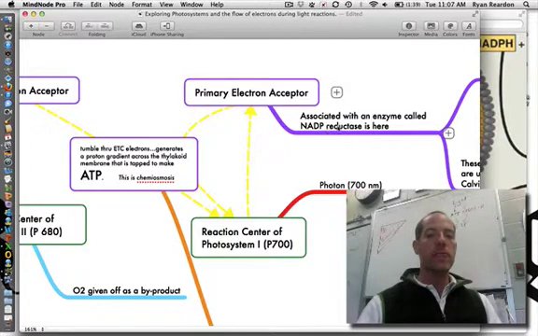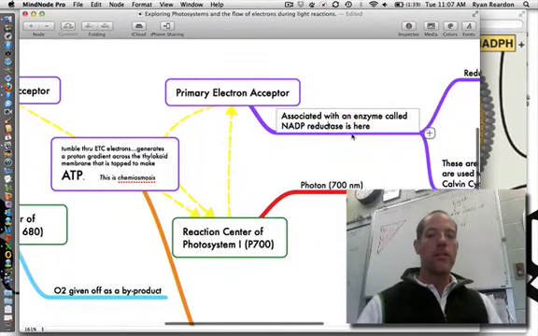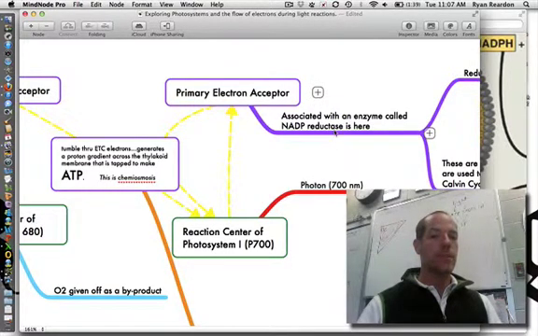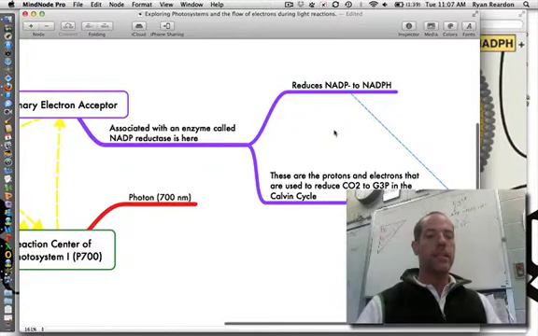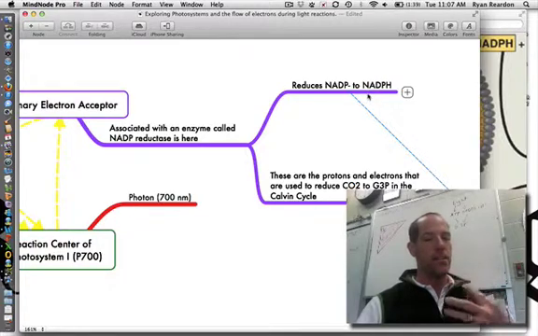Now, NADP reductase, it's a very creative name. Can you guess what that enzyme does? You guys are so smart today. NADP reductase reduces NADP to NADPH. It is reduced. It has gained electrons.